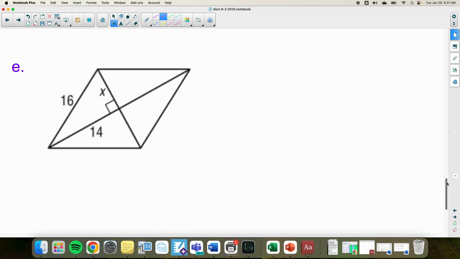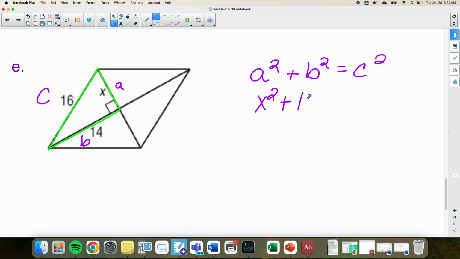Now, if I look at this, I can only use Pythagorean Theorem for a right triangle. And if you notice here, I can just ignore the rest of that and just look at that triangle. Across from this is my C. I could say this is A and this is B. So if I do a squared plus b squared equals c squared, a is x squared, b is 14 squared, and c is 16 squared.